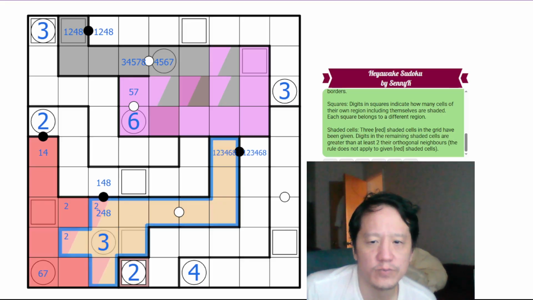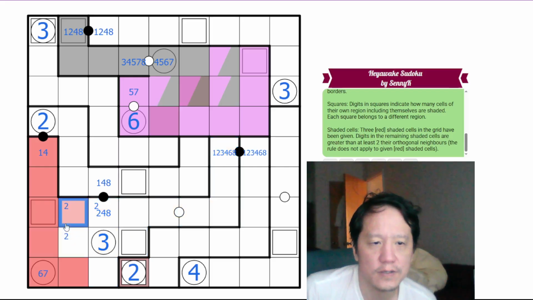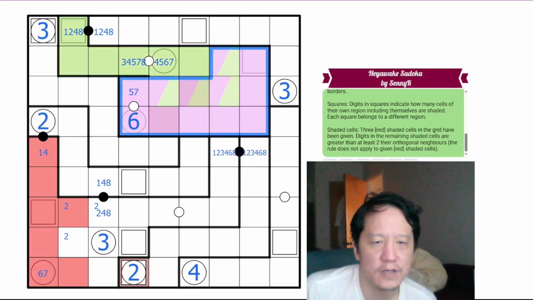Okay, I'm gonna remove the coloring. Okay, let's make these lighter shades. So we're gonna make this green. Instead of pink, I guess we'll make this orange.